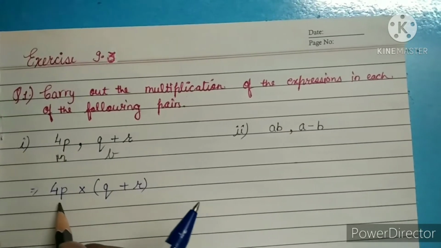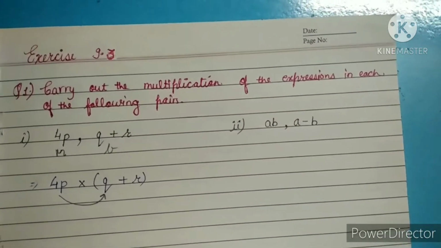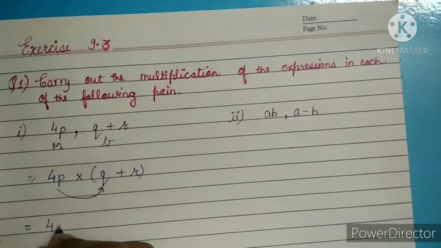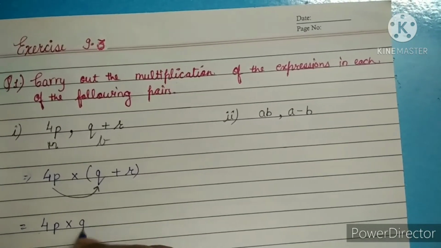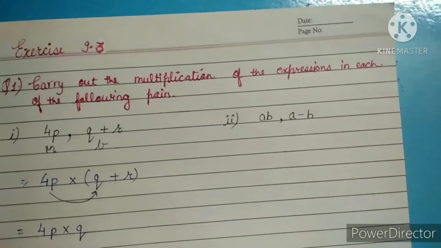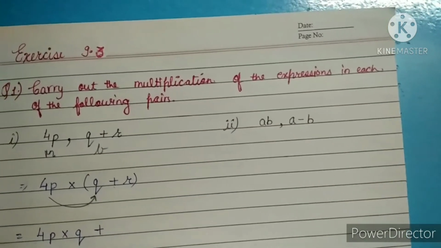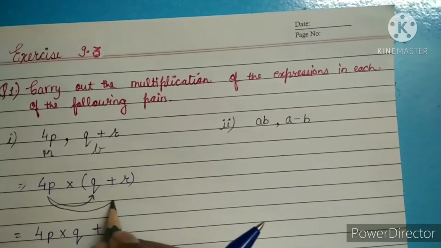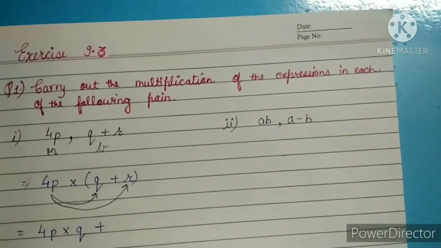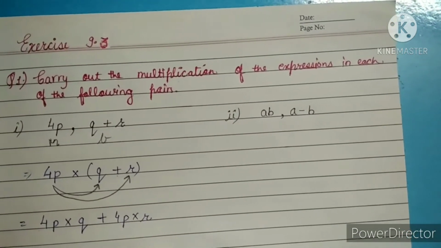So 4p firstly will go near to q. Now 4p multiply by q. Now inside the bracket what is the symbol? Plus symbol. Now 4p will go near to r. So 4p multiply by r.